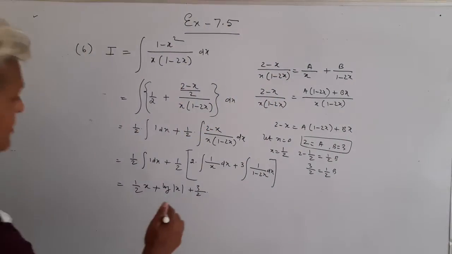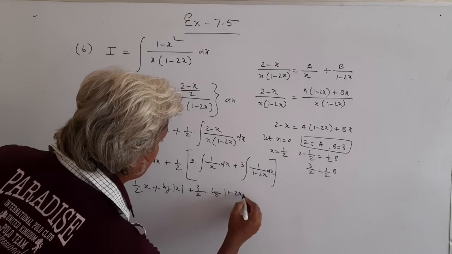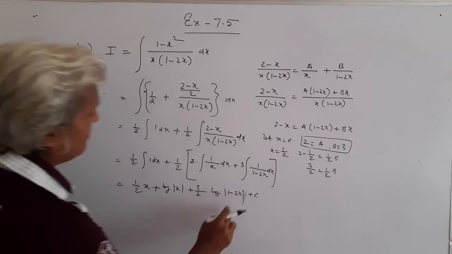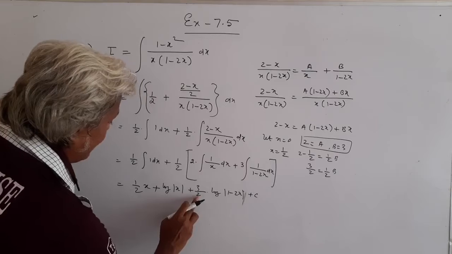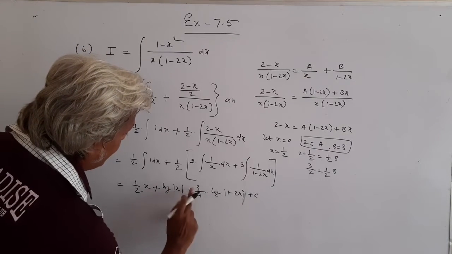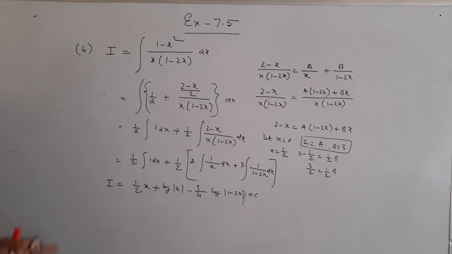So this term will become log mod (1 minus 2x), and then you divide this by the differentiation of 1 minus 2x, which is minus 2. So this minus 2 and further minus 2 will become minus 4. So I write here 4 and change the sign from plus to minus, and this is your final answer.